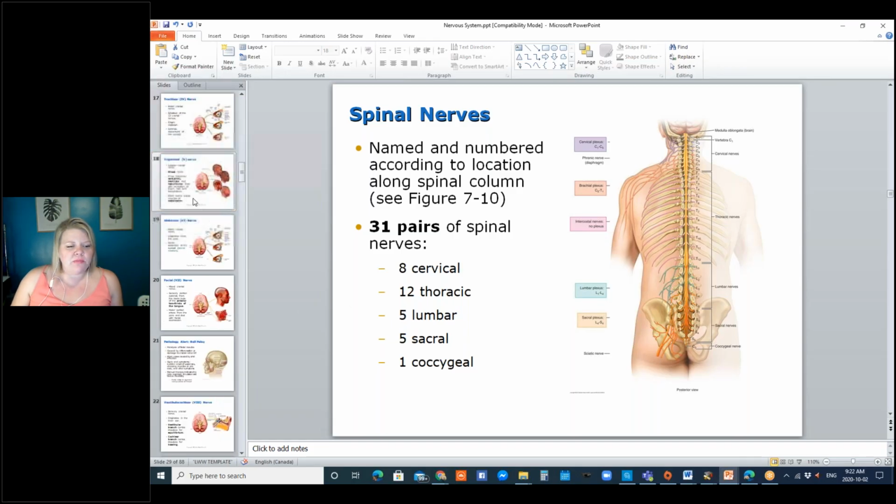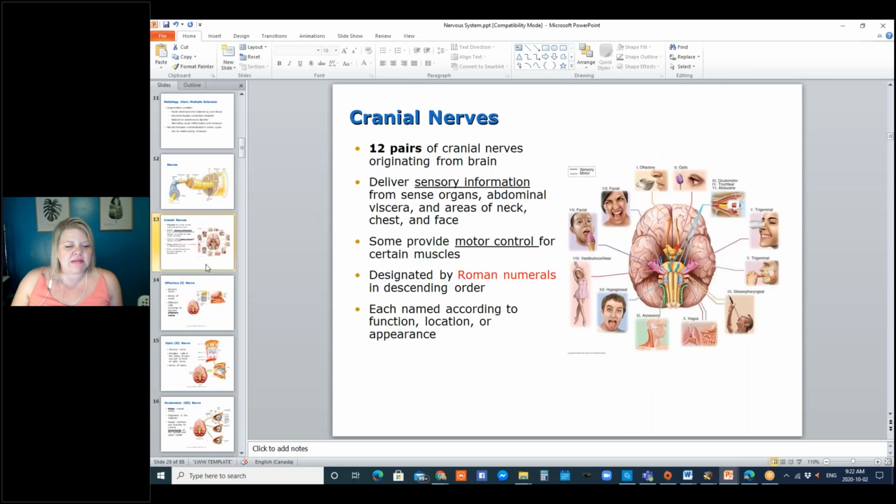So cranial nerves are part of the peripheral nervous system, but the difference is that some of them are sensory nerves, some of them have only motor function, and some of them have both, which is mixed. So that's something important to pay attention to. And they're all designated by Roman numerals, and you do have to know them by both their name and the Roman numerals.